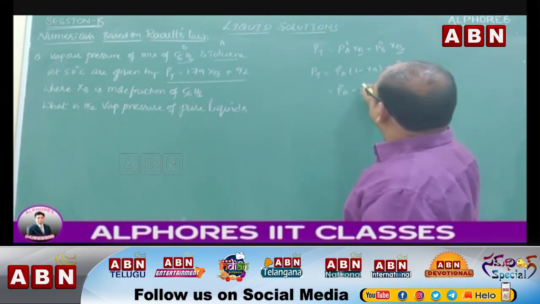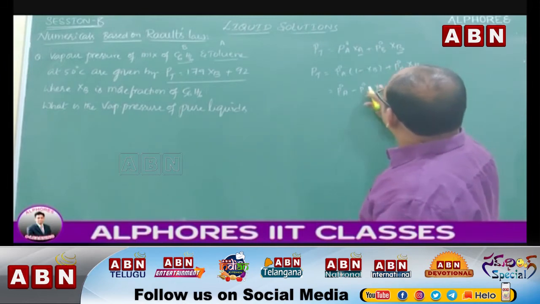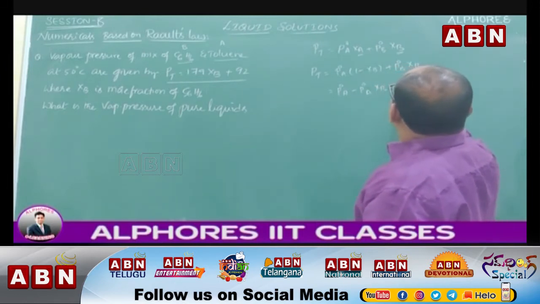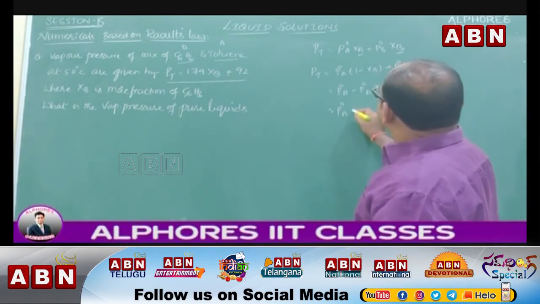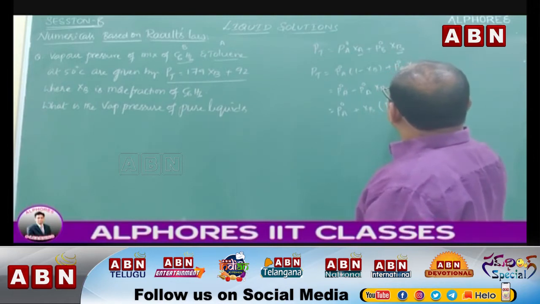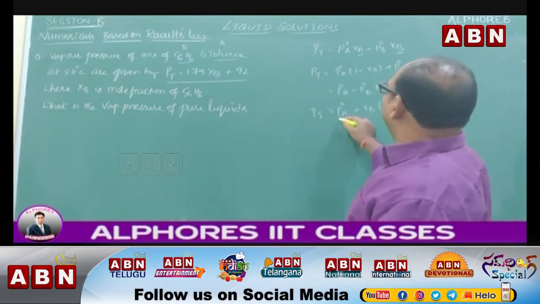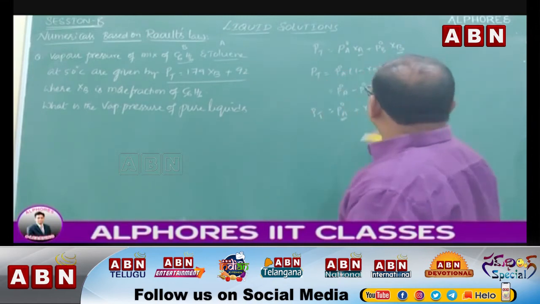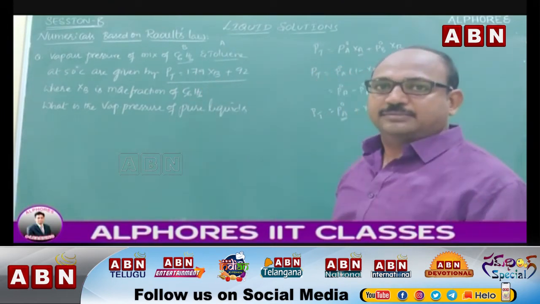P naught A minus P naught A Xb plus P naught B Xb. That means P naught A, here Xb is common, plus Xb of P naught B minus P naught A. Now if you correlate, you can find that P naught A is 92 and P naught B minus P naught A is 179, right?